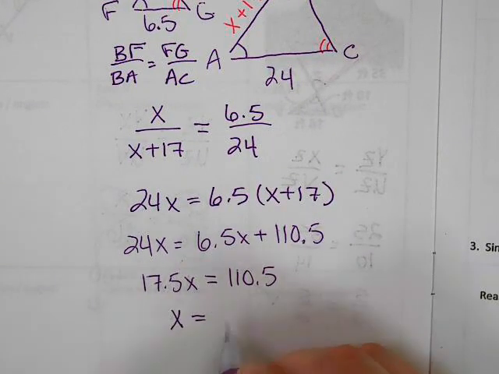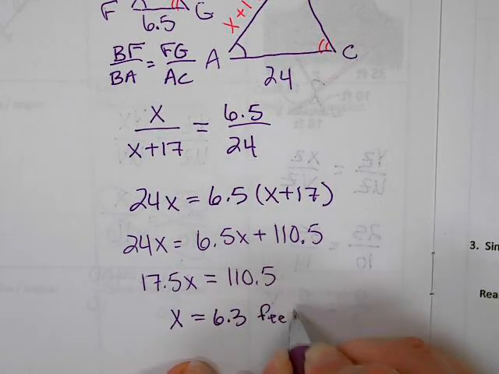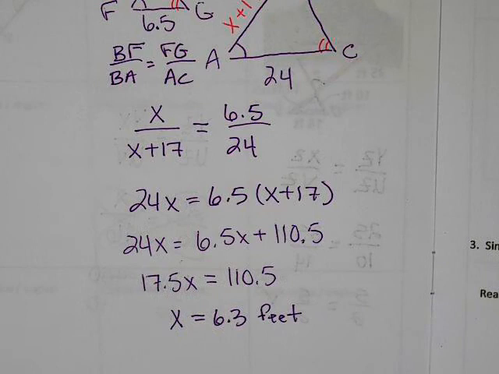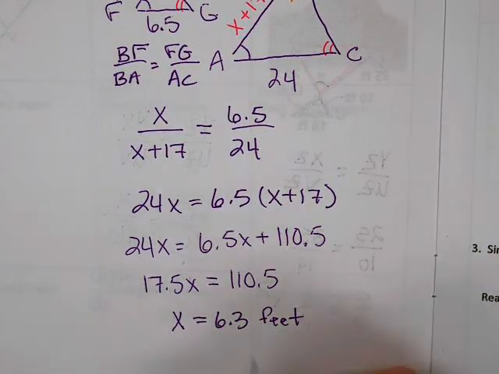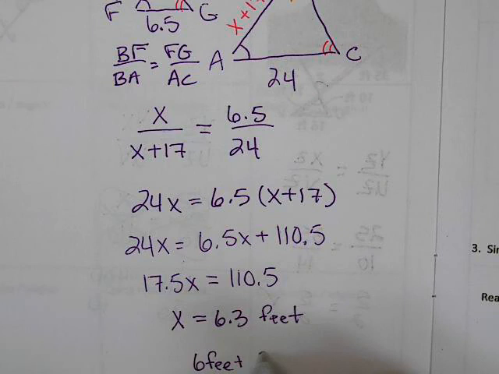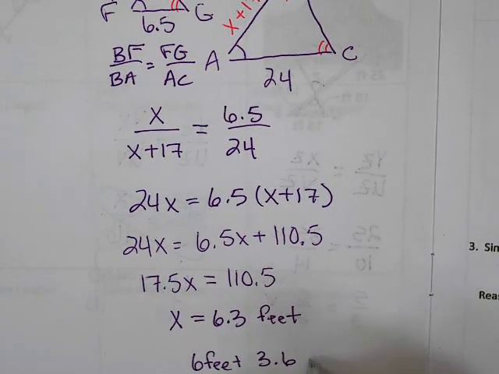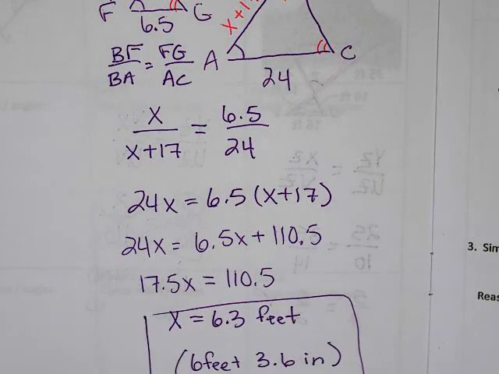We should get down to x equals 6.3 feet, because those are the units we were in before, right? So 6.3 feet doesn't really make sense, so I usually take that 0.3 and multiply it by 12. So it's 6 feet, 3.6 inches. Either one of those answers would be okay with me.